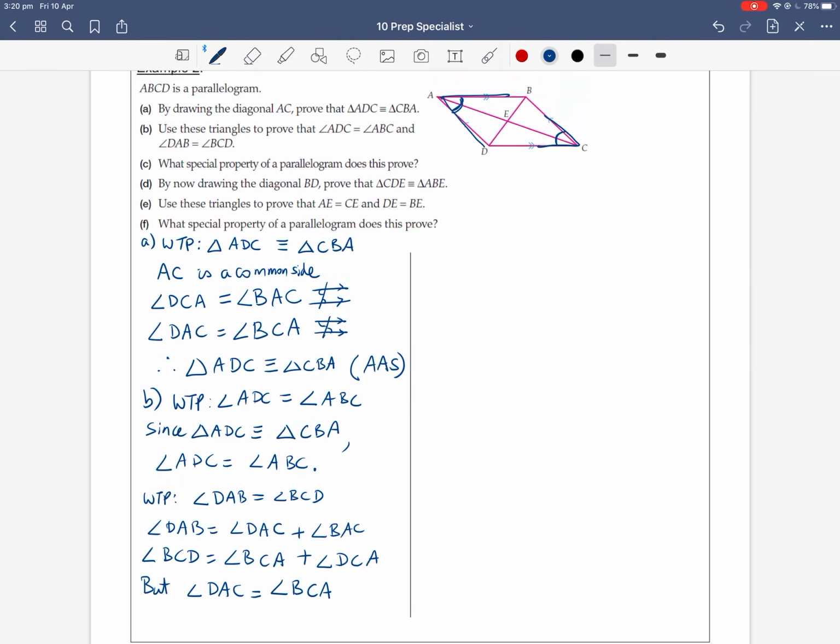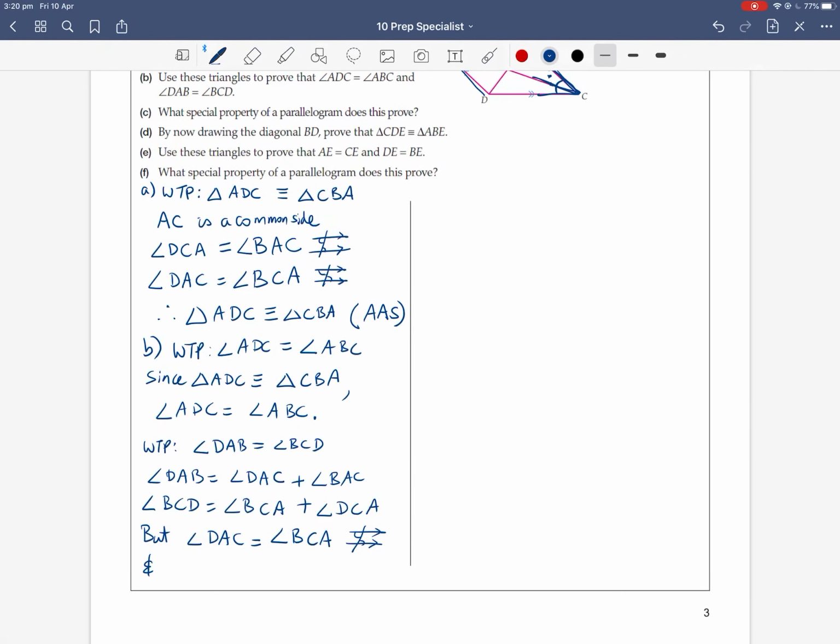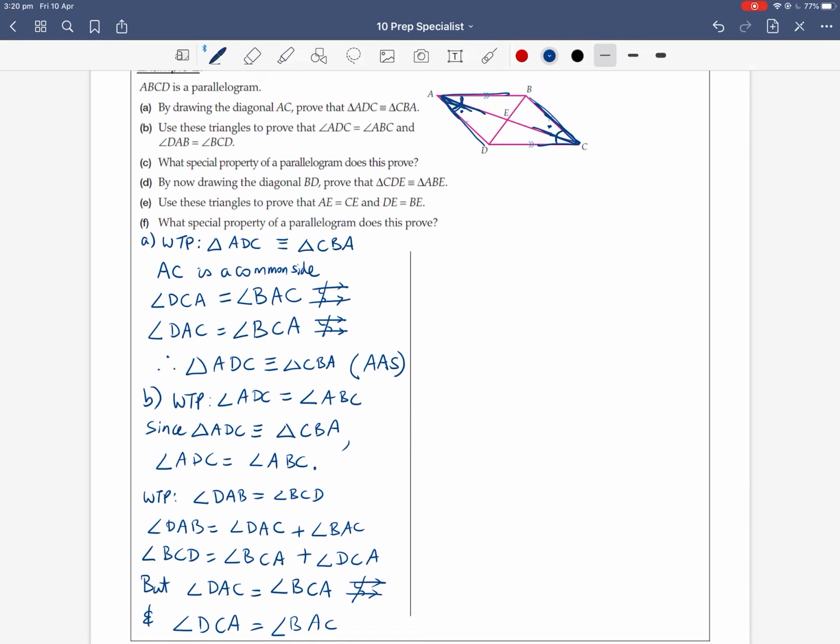Why? Well, what is DAC? DAC is this angle here. That is the same as BCA, that one there, because of the alternate angle rule, the Z rule, alternate angles. And we also know that angle DCA is the same as BAC.